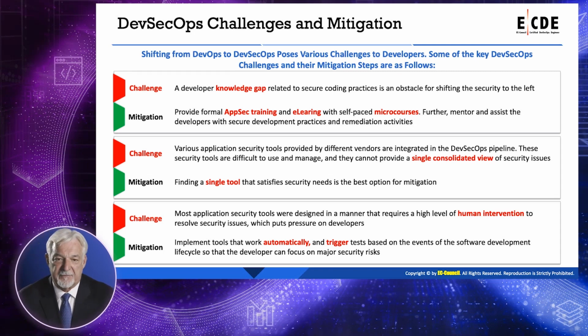Another challenge that we have is that various application security tools provided by different vendors are integrated into the DevSecOps pipeline. These tools are difficult to use and manage, and they cannot provide a single consolidated view of security issues. The mitigation for this is to find that single security tool that satisfies your security needs. It's the best option for mitigation.